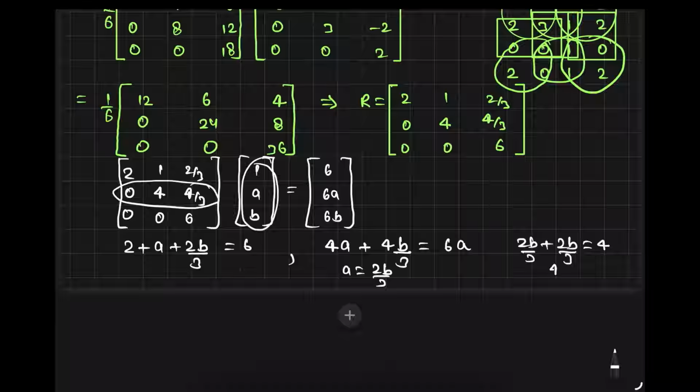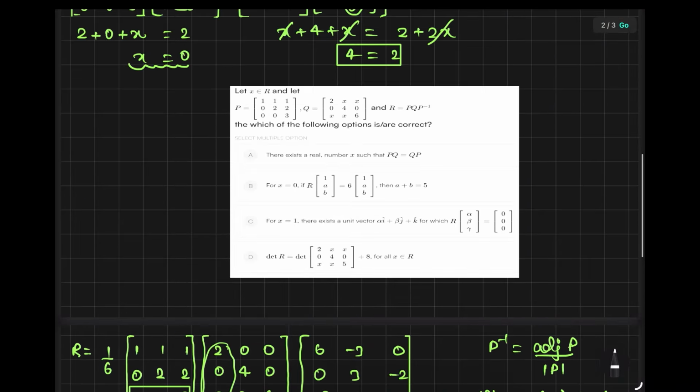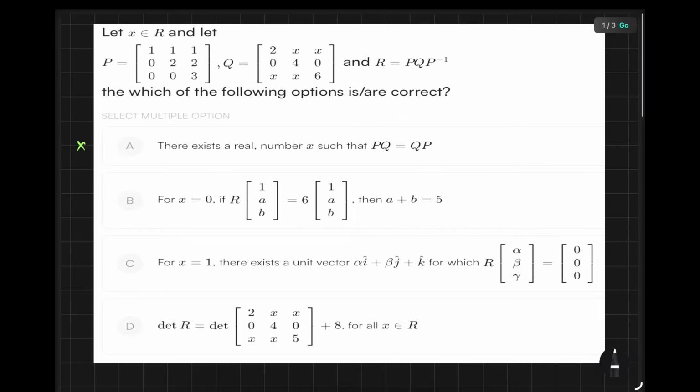So you got 4B by 3 equals to 4. So 4 gone, you are left with B equal to 3. Correct? So if B equal to 3, so 3 gone, so A equals to 2. Okay, so with this situation we got A as 2, so A plus B is 5. This option is correct, means option B is correct.